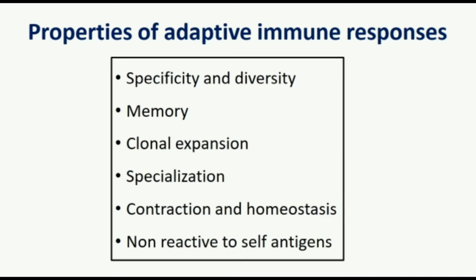Our adaptive immune system generates responses that are optimal for defense against different types of microbes, that is specialization. It also allows the immune system to respond to newly encountered antigens, and our adaptive immunity prevents injury to the host during responses to foreign antigens.